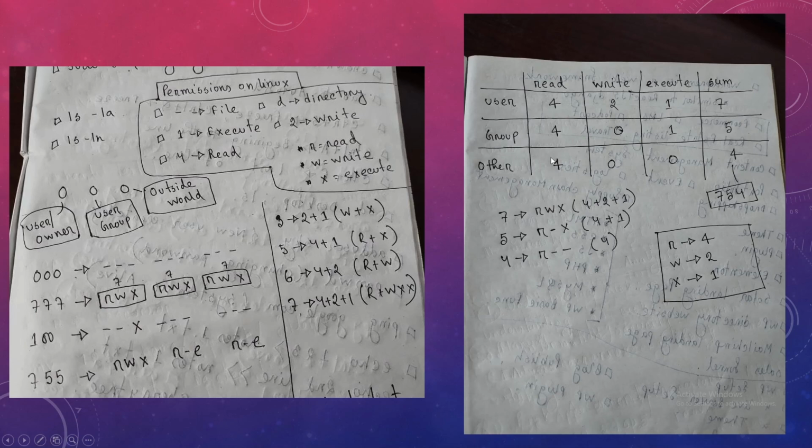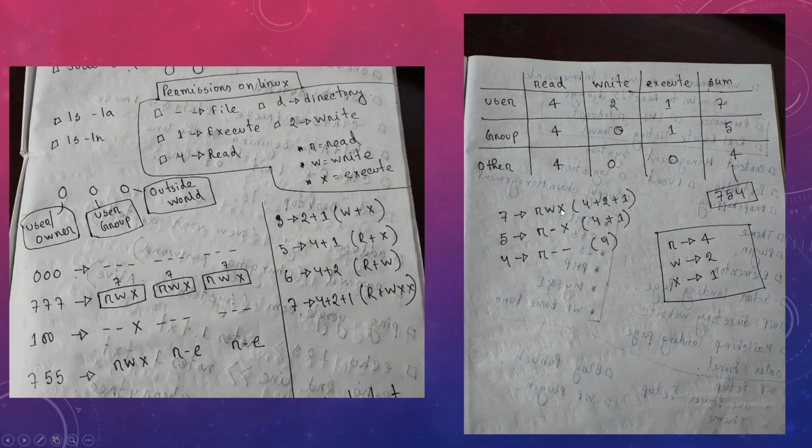So suppose a user has the permission of 7, then he has the permission of read 4, write 2 and execute 1. That's how the numeric system works.